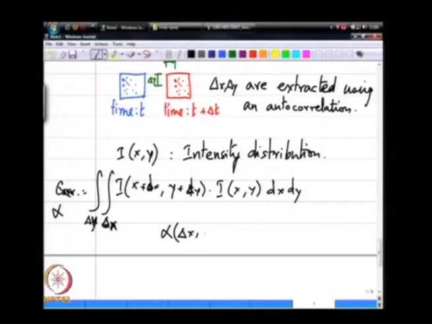The autocorrelation function, we will call this alpha. Alpha in this particular case is a function of delta x and delta y. Okay. So, the way I have defined this autocorrelation function, we are going to choose a peak in alpha in both delta x and delta y. Okay. That is essentially the principle of operation.